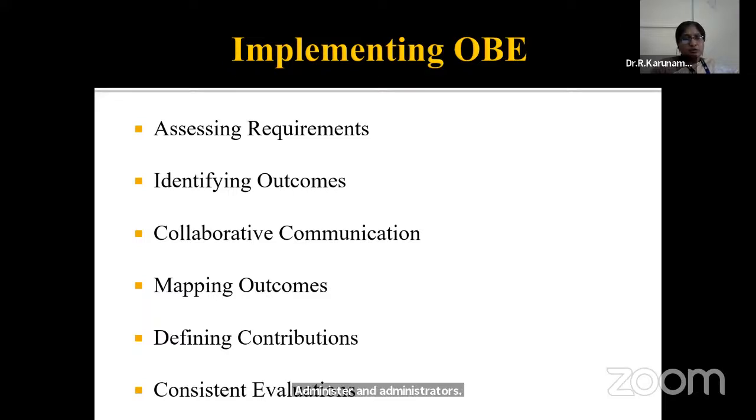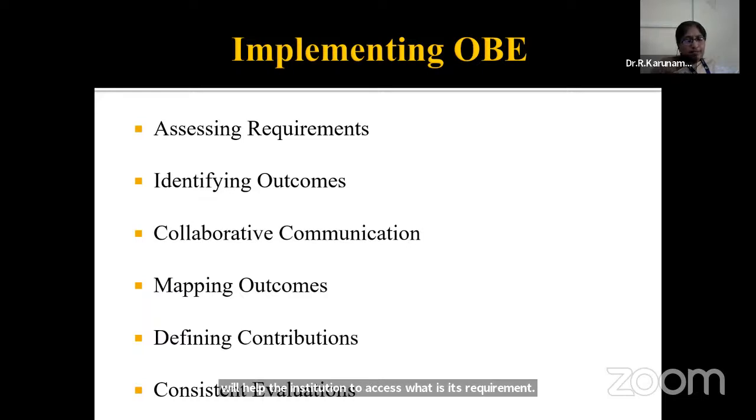This feedback also will help us to assess the requirements. All these things will help the institution to assess what is its requirement.